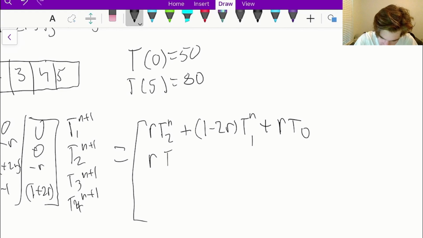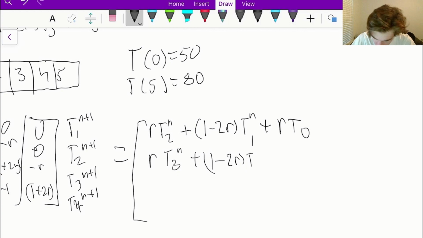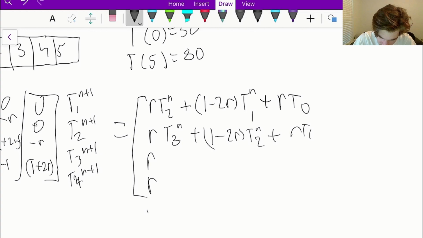So we got r t3 n plus 1 plus 2r, or minus, of time 2 plus rt1, and then you get the picture. It goes all the way down until 5, right? Or 4.